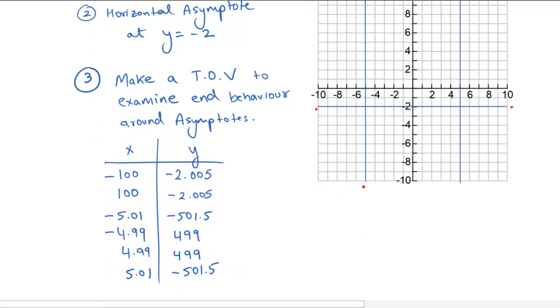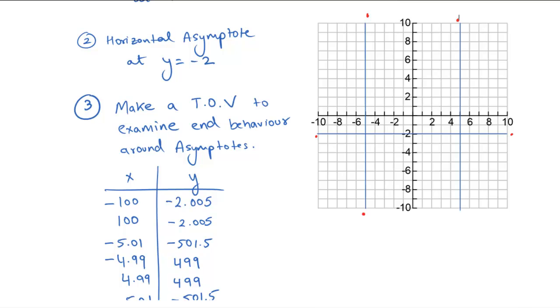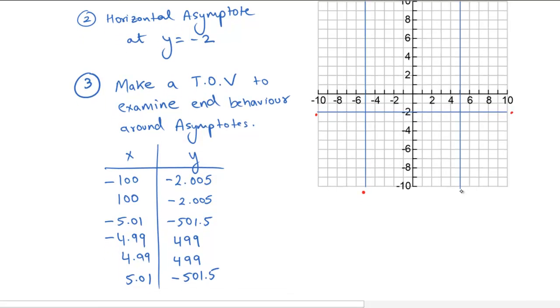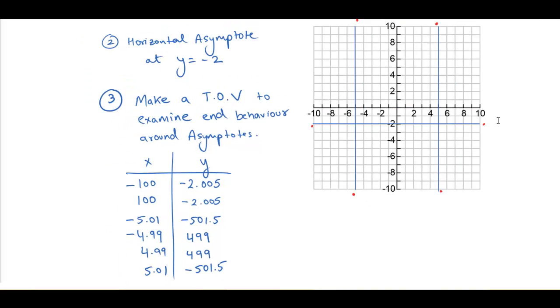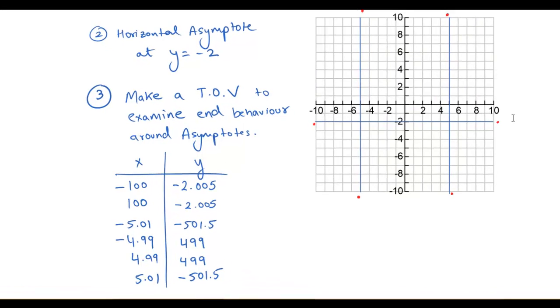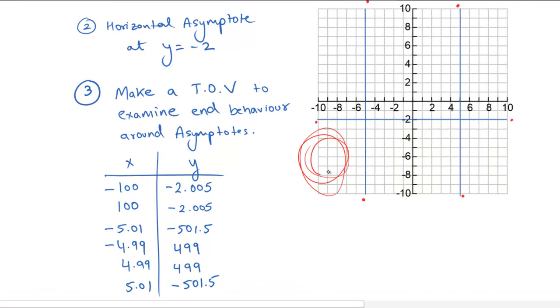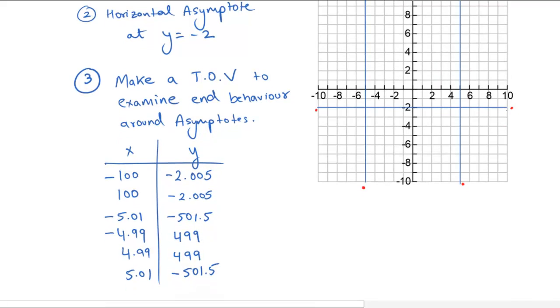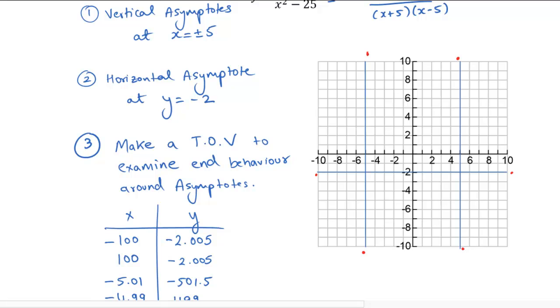At positive 5.01, I'm going to be a really big negative number, so to the right of that, I'm going to be down here. So just by looking at these points, I know that I'm going to have a graph in this region right here. I'm also going to have a graph in this region right here, and I'm also going to have a graph somewhere in this region right here.